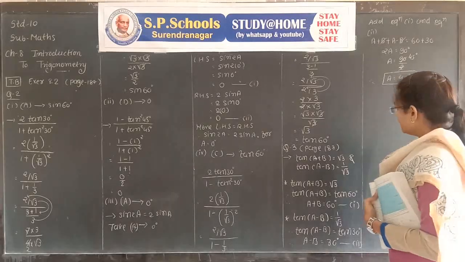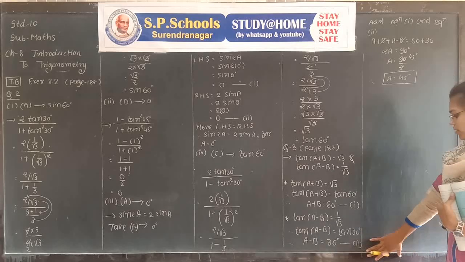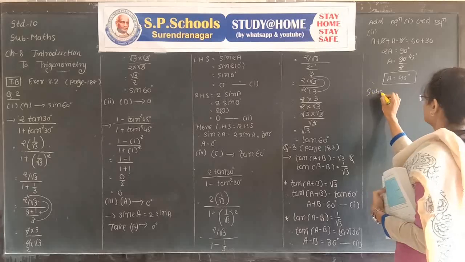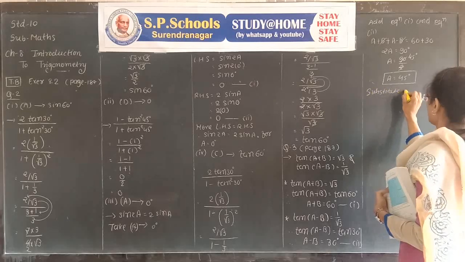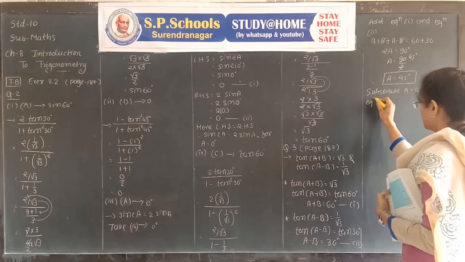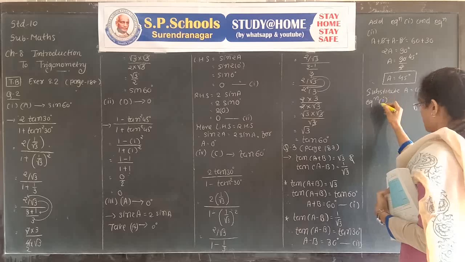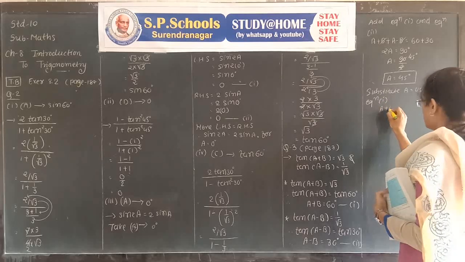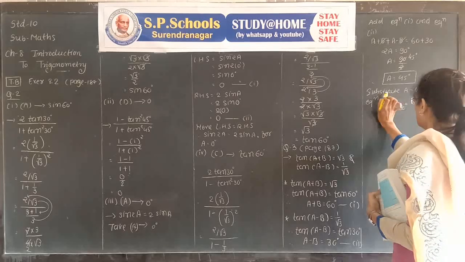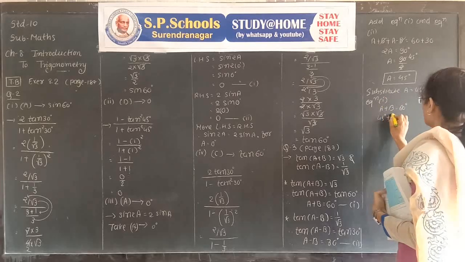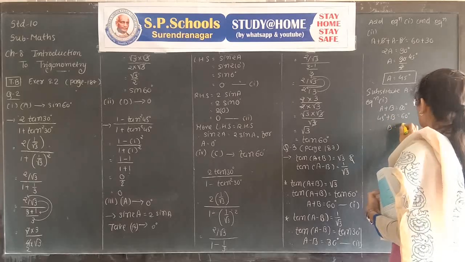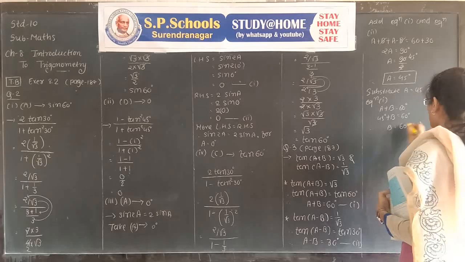To obtain the value of b, use equation 1 or equation 2. We use equation 1. Substitute a is equal to 45 in equation number 1. Our first equation is a plus b is equal to 60 degree. With a as 45 degree, b is equal to 60 minus 45.